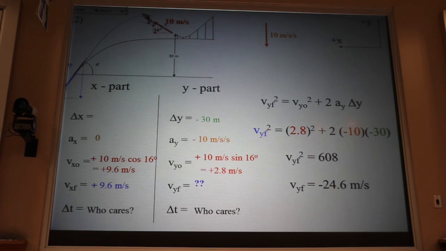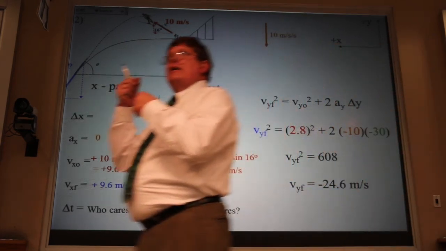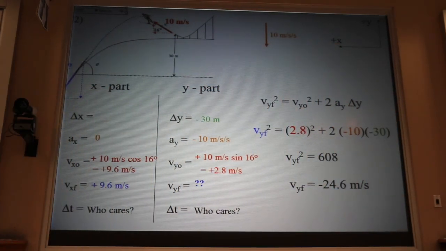Now when I go over here, I just label that as 24.6. I don't put the minus sign in because I'm labeling a vector that already gives me the direction. And when I put it into this trig function, I don't put the minus sign either. The trig functions, sine, cosine, and tangent, are ratios of the length of different parts of the triangle.